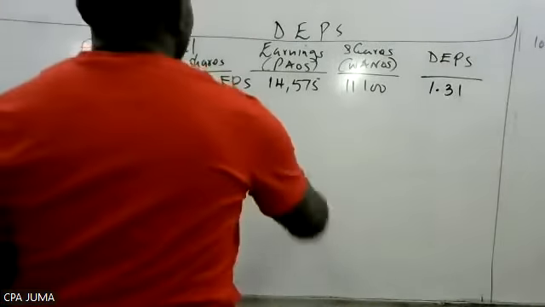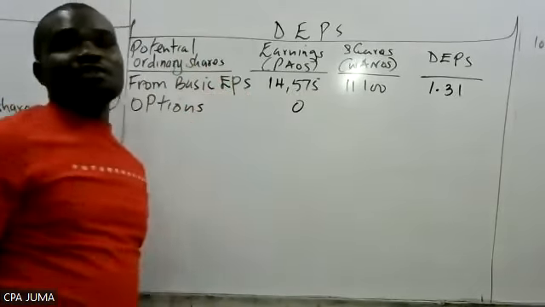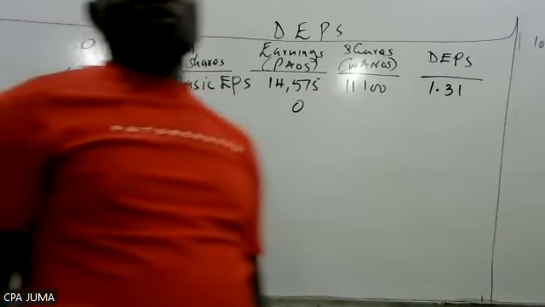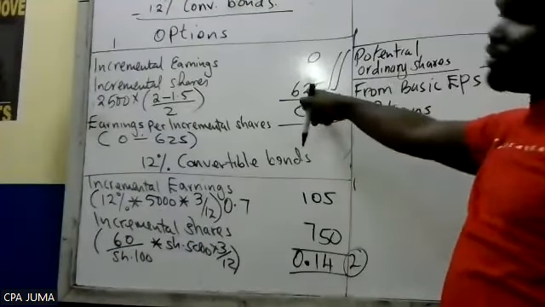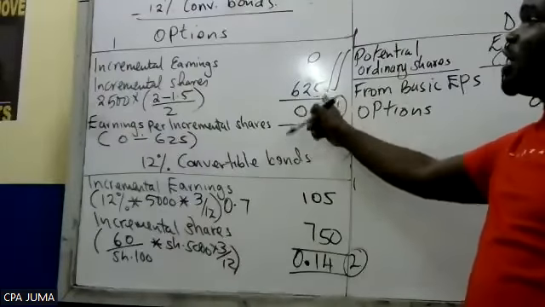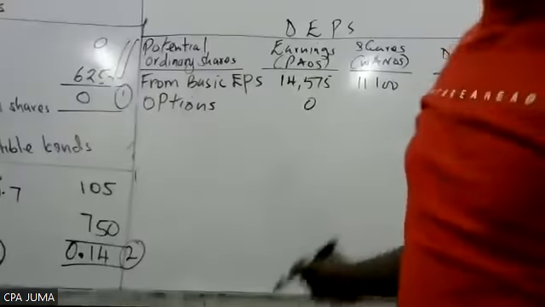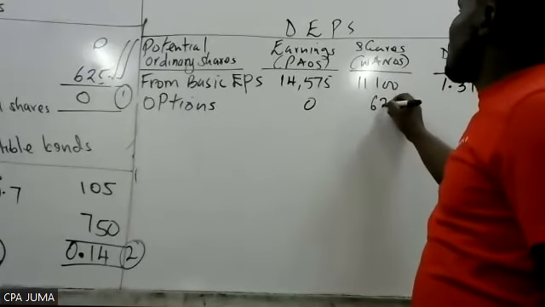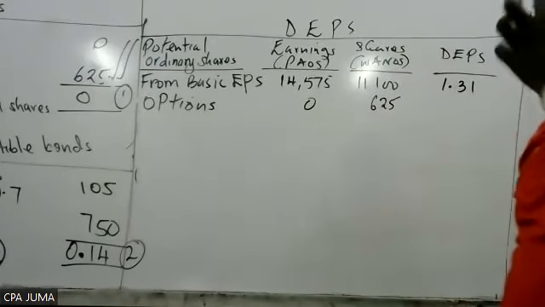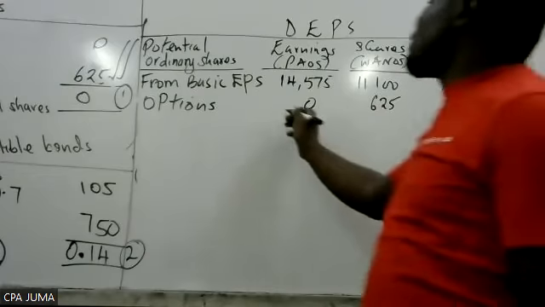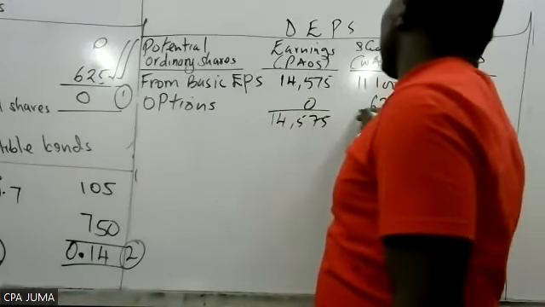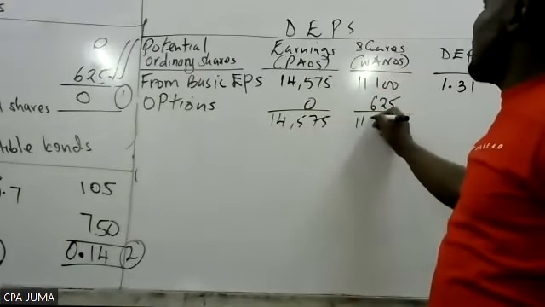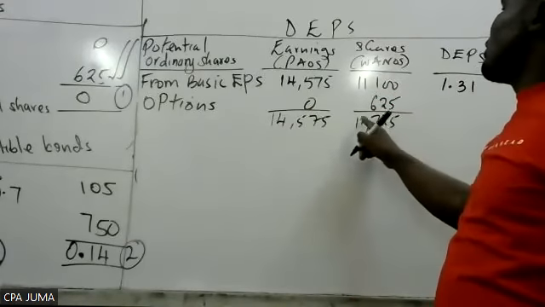So when options come, earnings will not change. Zero. But shares will go up by 625. This one, incremental shares. So shares will go up by 625. So add and get the new position. This one will remain constant, but this one will increase 11,725.